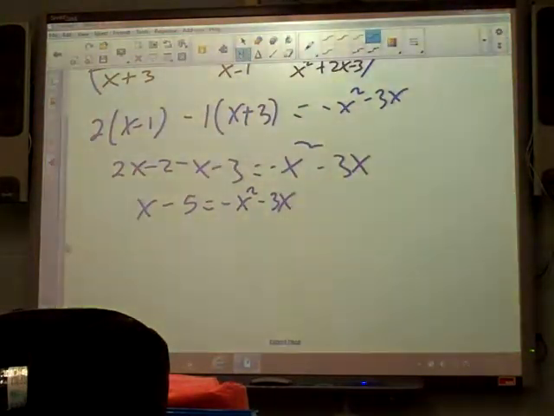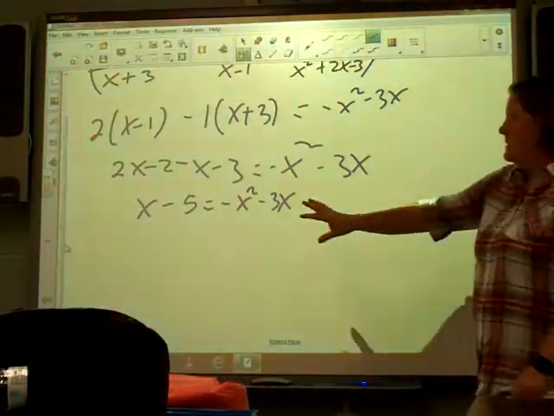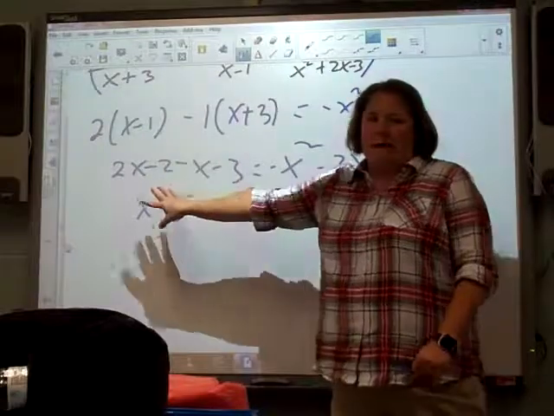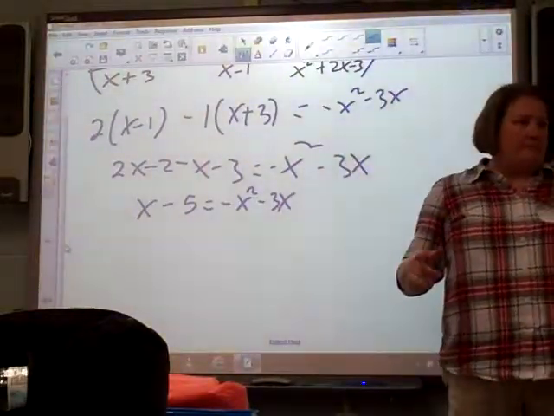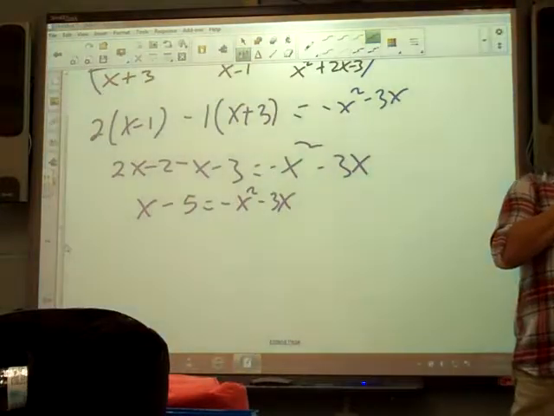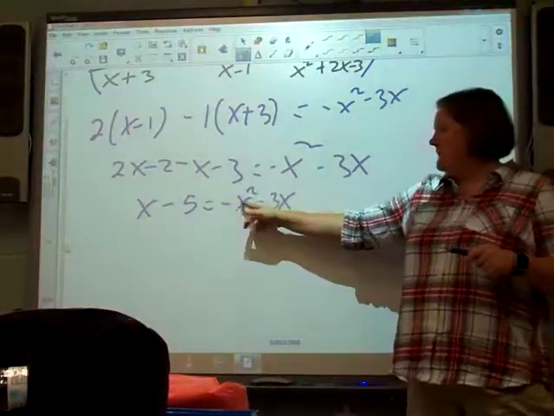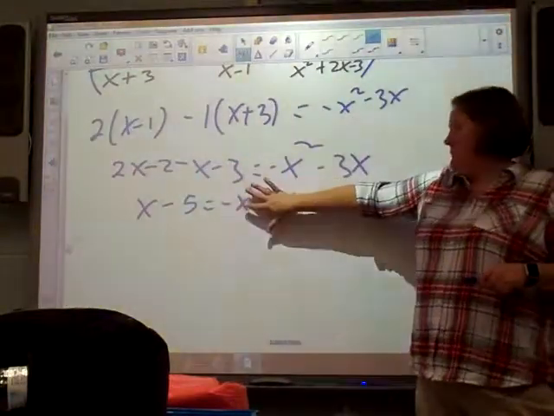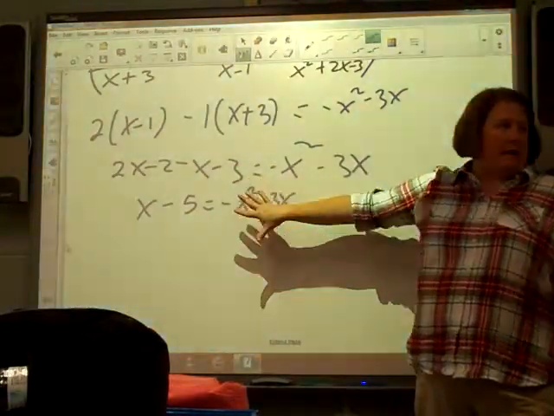So you got to decide right now, do you want to move this stuff over here, or would you like to move this stuff over here? Either one will work. My personal preference, I like for my A, whichever one's with the squared, to be positive, and right now it's a negative. So I would add it. So I would move this stuff over. Is it alright if we do that?